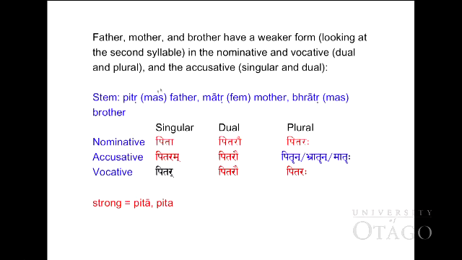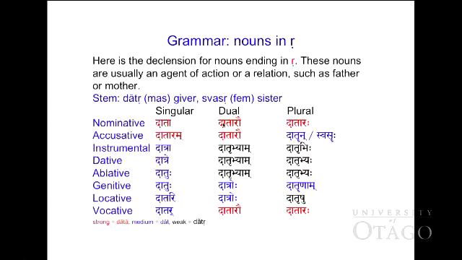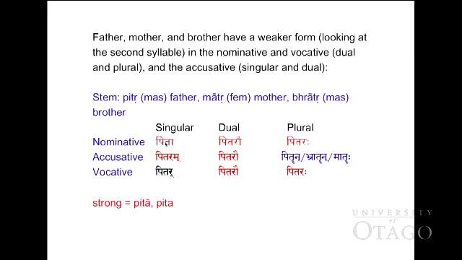So this is the declension for relative, a little bit different from the first group. This one is all in ar, data, datarau, datarah, but this one is just pita, pitarau, pitarah. So these are two groups of three.